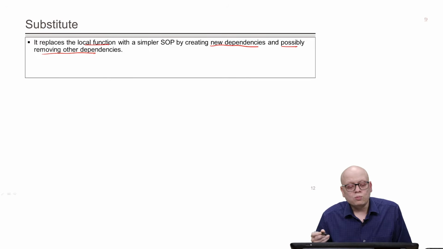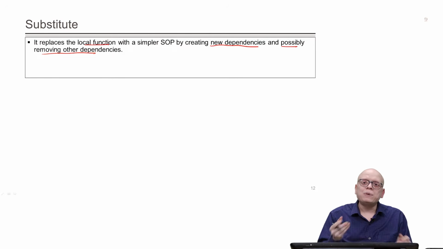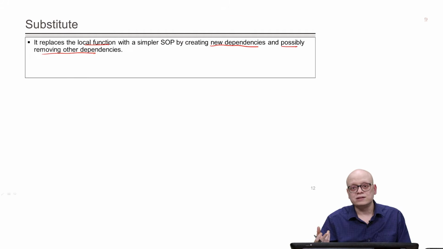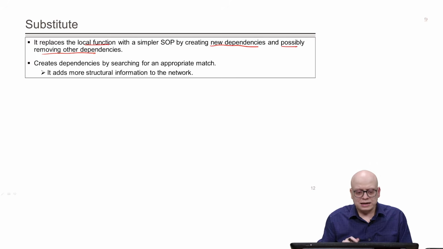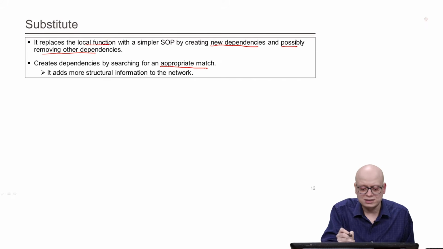So if there is a local function, then that local function is replaced by another vertex, and a dependency is created for that, and the older dependencies are removed. It creates dependencies by searching for the appropriate match.